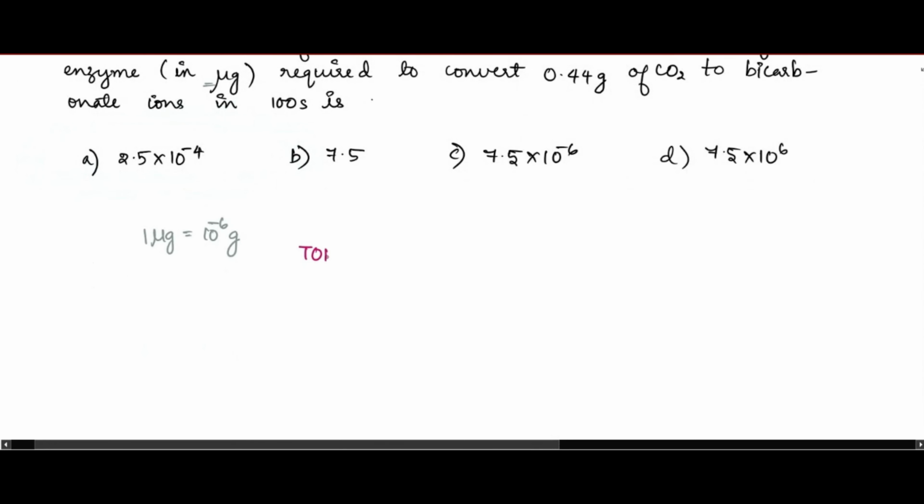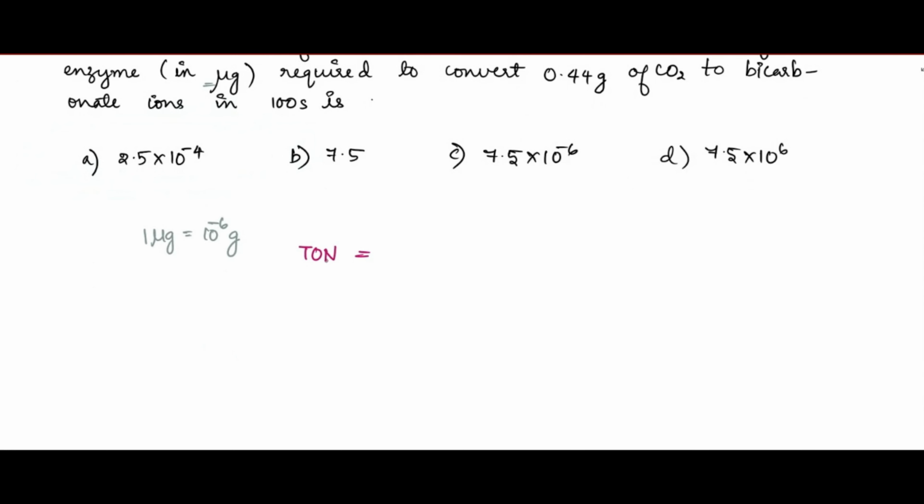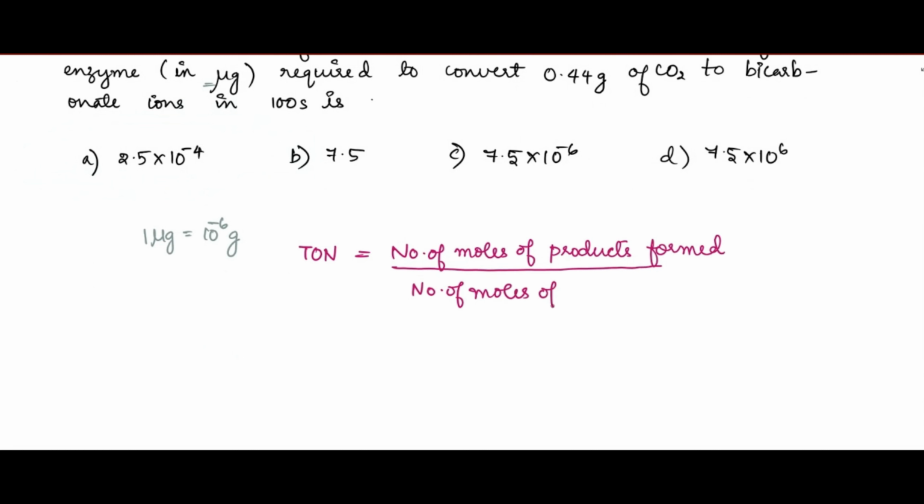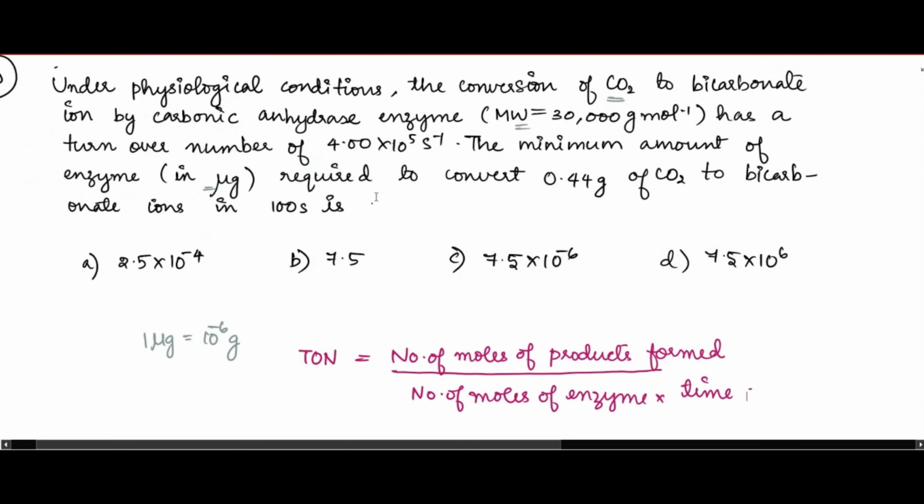Turnover number TON എന്ന് represent ചെയ്യുകയാണെങ്കിൽ, it is number of moles of products formed divided by number of moles of enzyme into the time that is required.